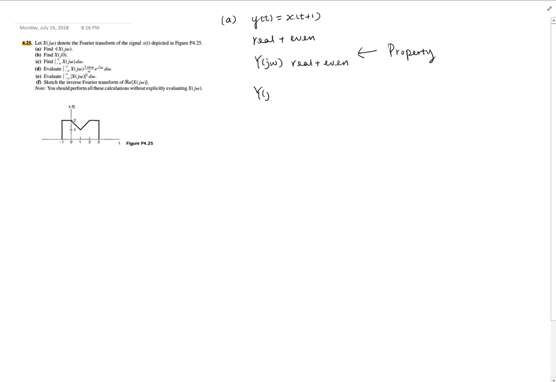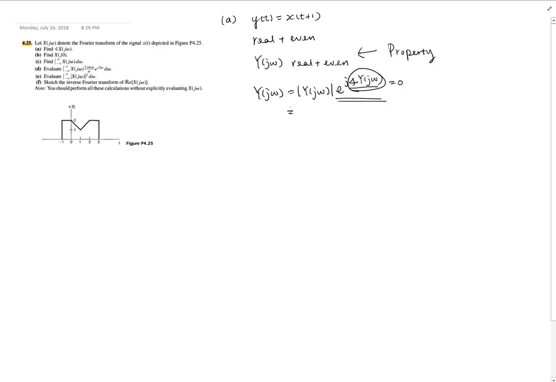If we write the Fourier transform in polar form, we will be able to see that because it's real and even, this part goes away and becomes 1. How to make it become 1? That means the phase of Y(jω) needs to be 0.